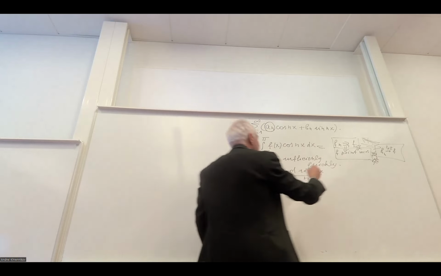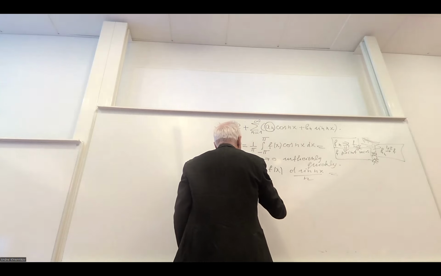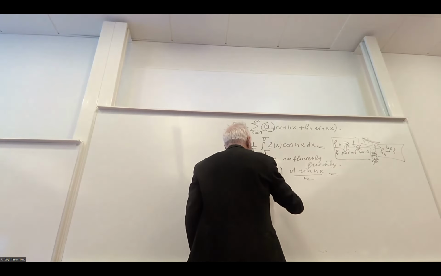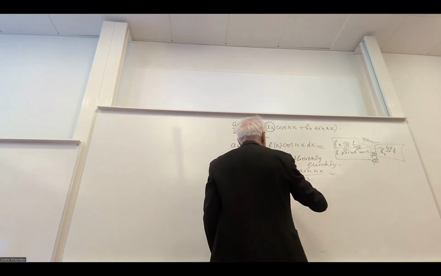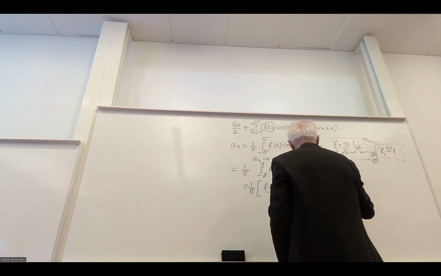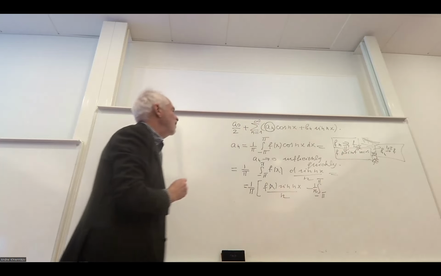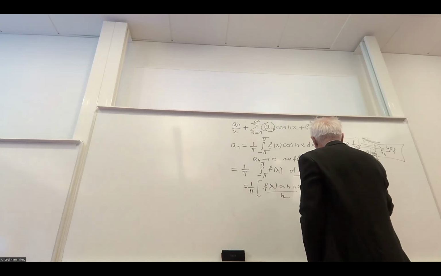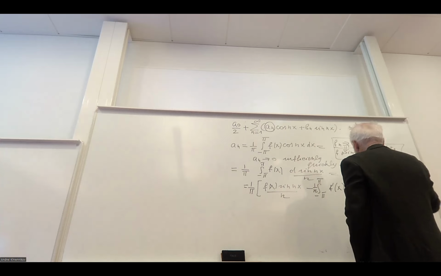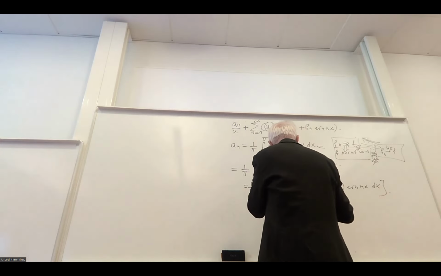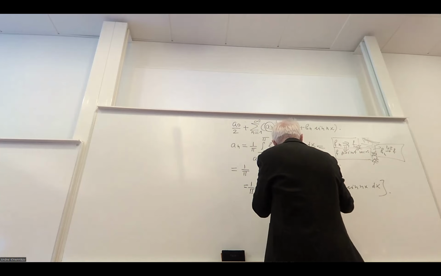So now we integrate by parts, and we get 1 over pi, and here is f(x) sin(nx) divided by n, minus the integral from minus pi to pi, and here is our 1 over n, what we badly want. So here is f'(x) sin(nx) dx.